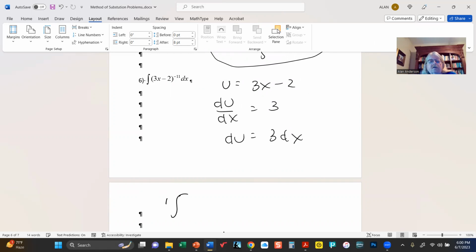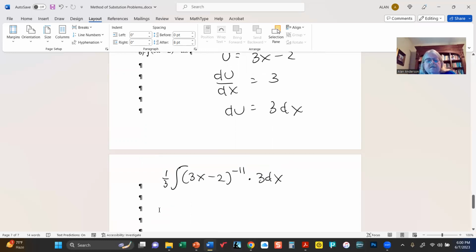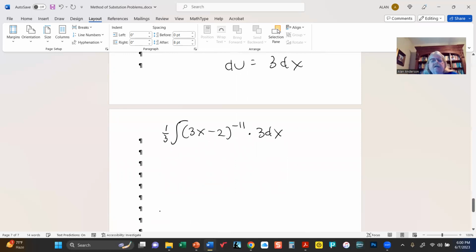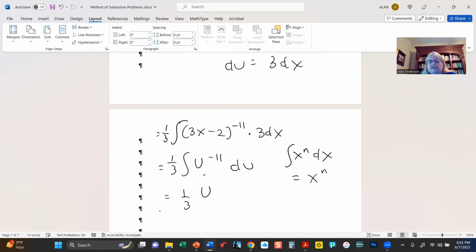I'll put 1/3 out here, and here I'll have 3 dx. So we haven't changed anything. And then we can write this as 1/3 u to the minus 11th du. So when you add 1, by the way, remember how this works. When you add 1 to negative 11, you get negative 10.